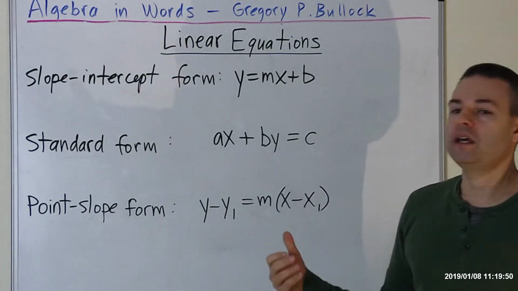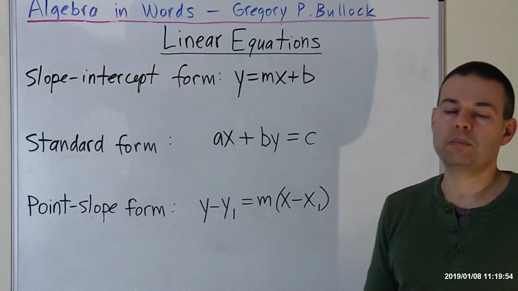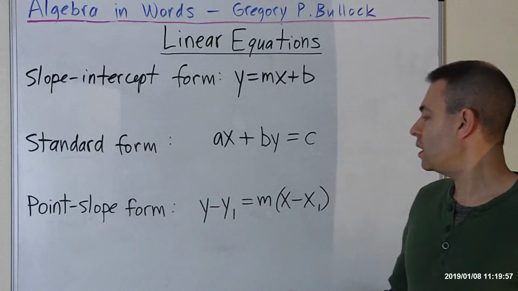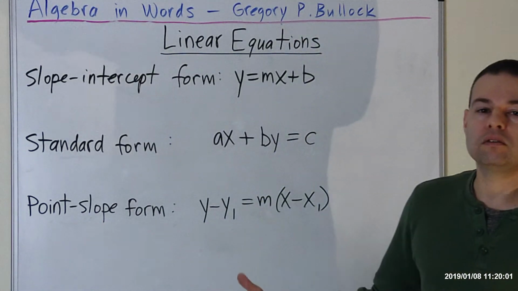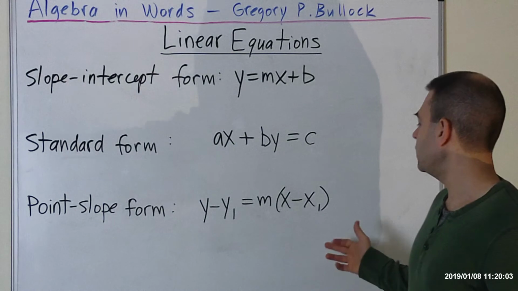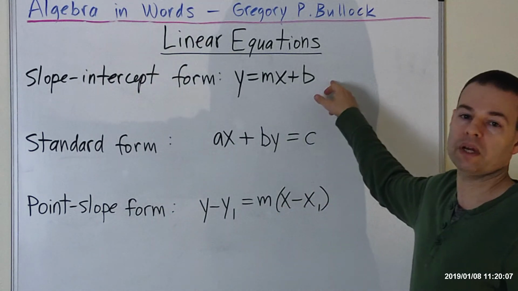Also, if I really had to give you a purpose of the point-slope formula, again, usually if you're given a point and a slope, the overall purpose of it is to substitute those numbers in, rearrange it, and put it into this form.